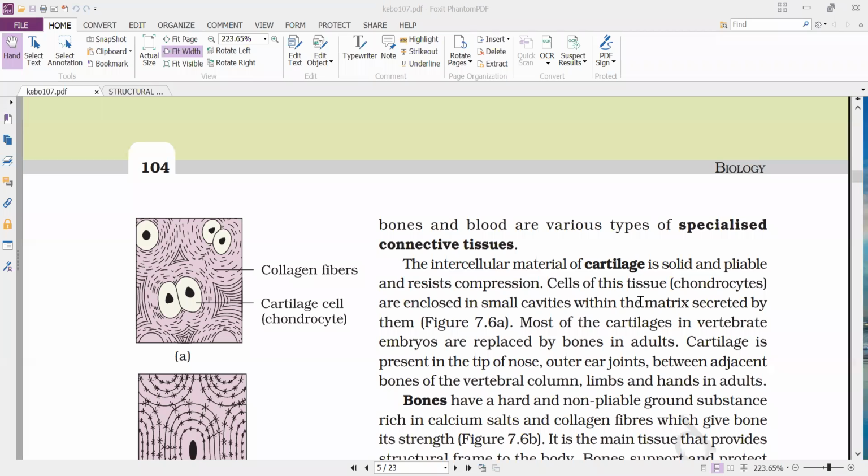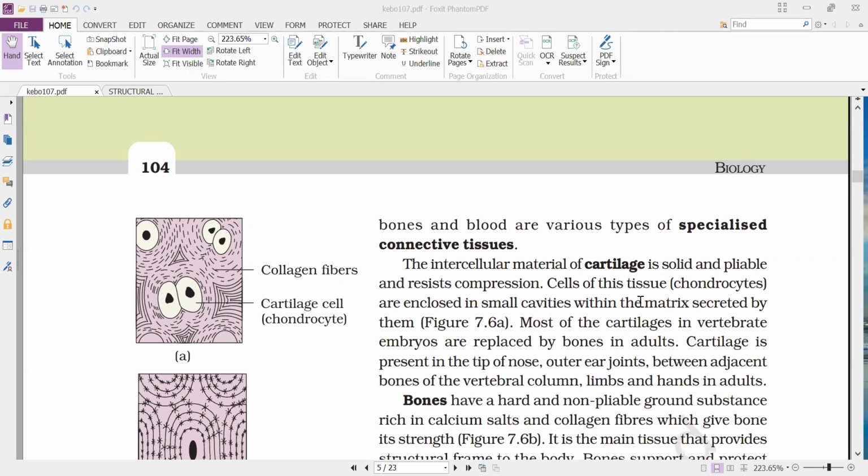That's why such bones are called cartilaginous bones. The process of conversion of cartilage into bone we call ossification, and such bones are formed by the replacement of cartilage.